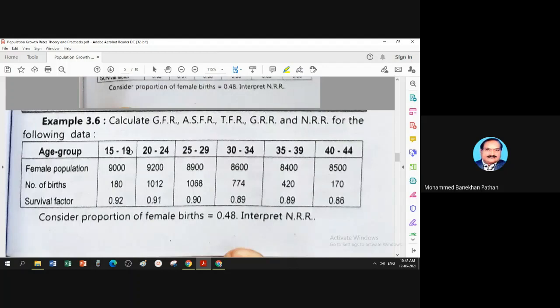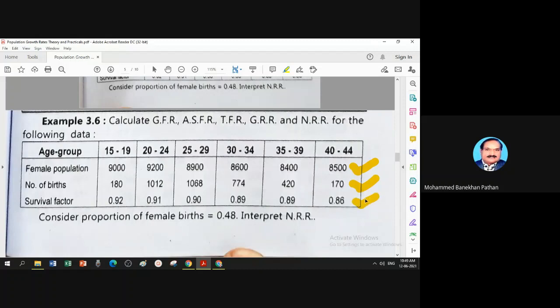Under this age group, how many female population is recorded? In that age group, how many births occurred in total, male and female together? What is the survival factor of a female child till fertility age? That is always between 0 and 1.